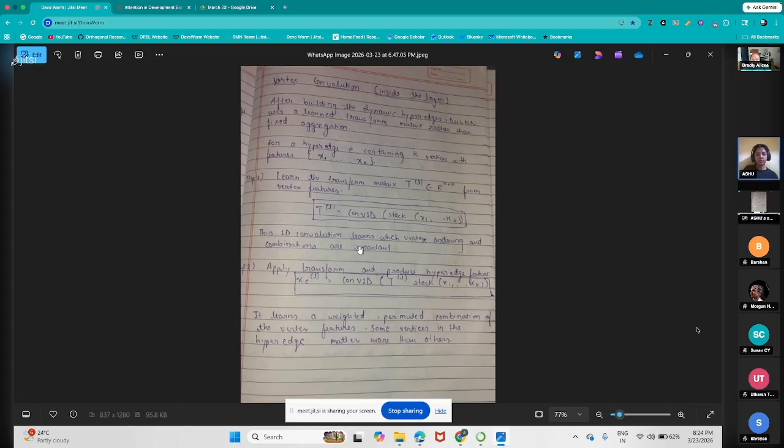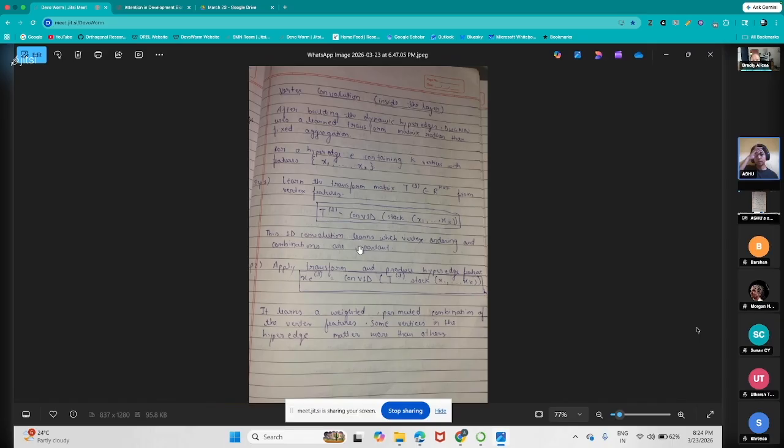Suppose there are 3 types of cells, and they all connect differently from the other 3 cells. So it is important to know which cell matters the most to define the features of that hyperedge.